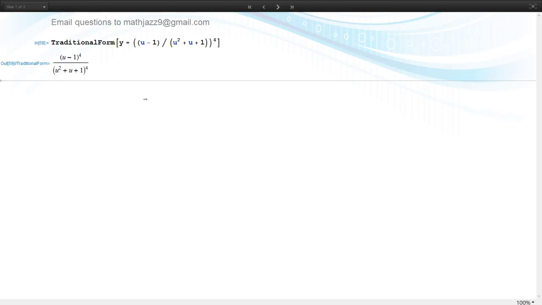So I want to find y prime, and I can use the quotient rule, but I'm going to actually use logarithmic differentiation here. So I know that y is equal to that. And so that means that the natural log of y is equal to the natural log of this expression.